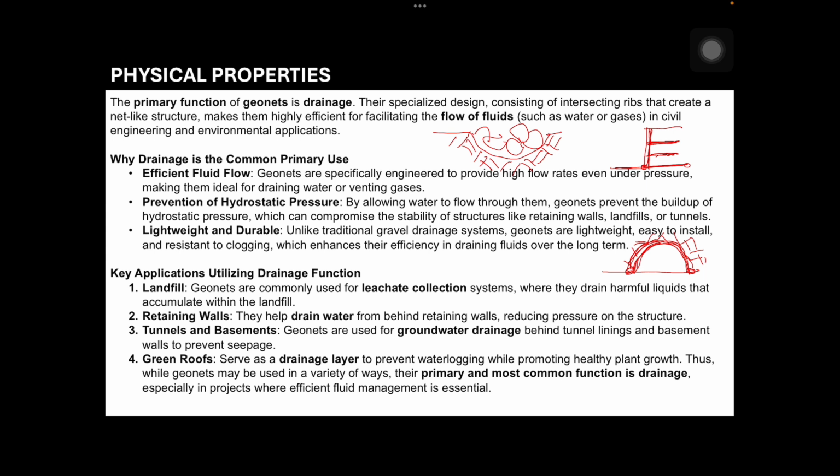So, buildings na may green roof, syempre may soil pa din doon. So, to prevent clogging and syempre pagkasira ng roof, you need good management ng water. So, you can line it with geonet here para makolekta mo siya dito. You can have a gutter doon.